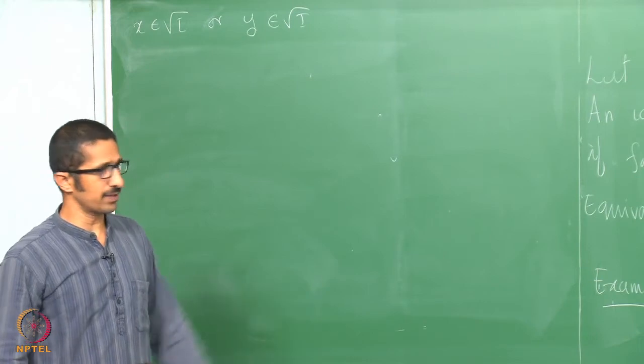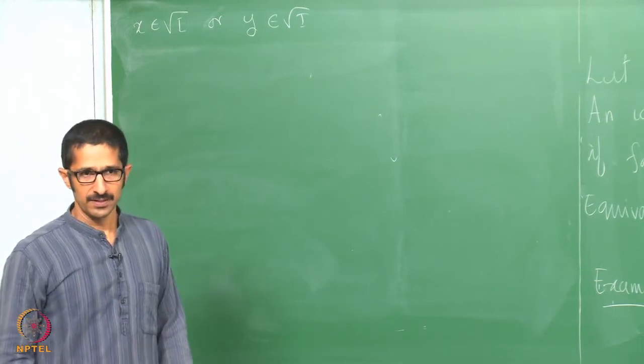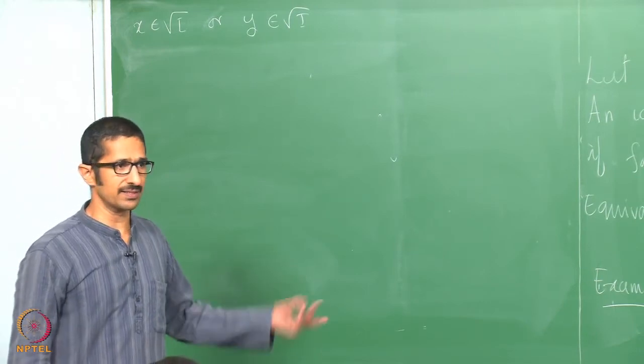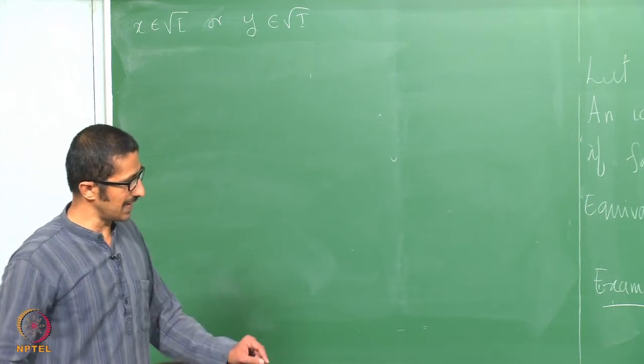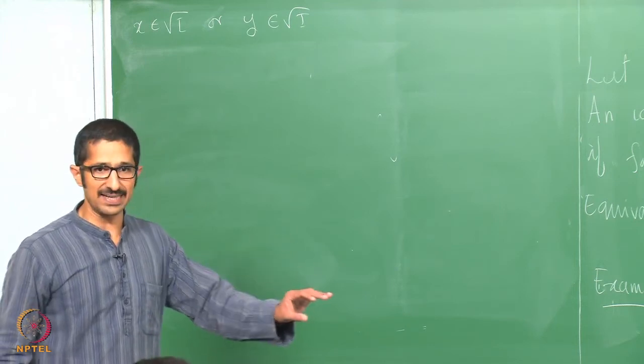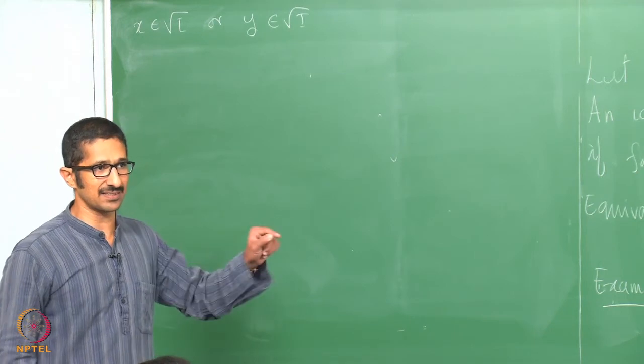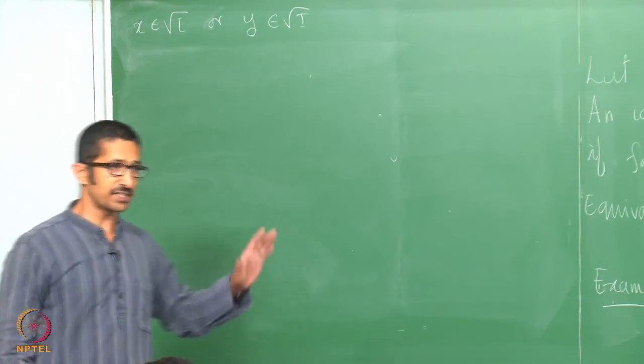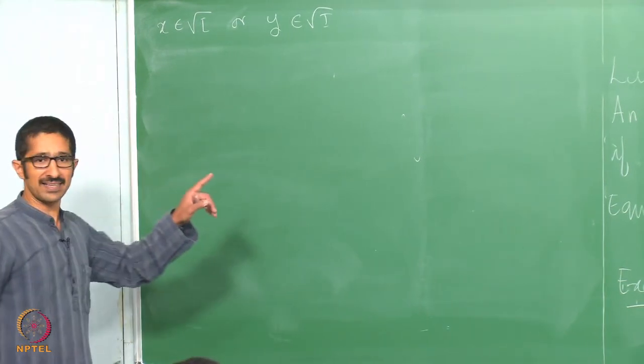y^n whole power m is the same as some power of y. Some power of y belongs to I means y is in the radical. So what we have shown is that xy in the radical implies either x is in the radical or y is in the radical, which means the radical of I is a prime ideal.